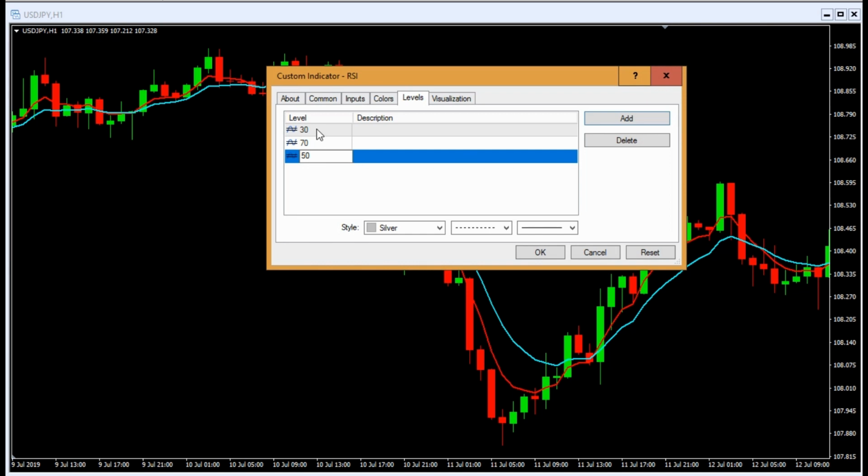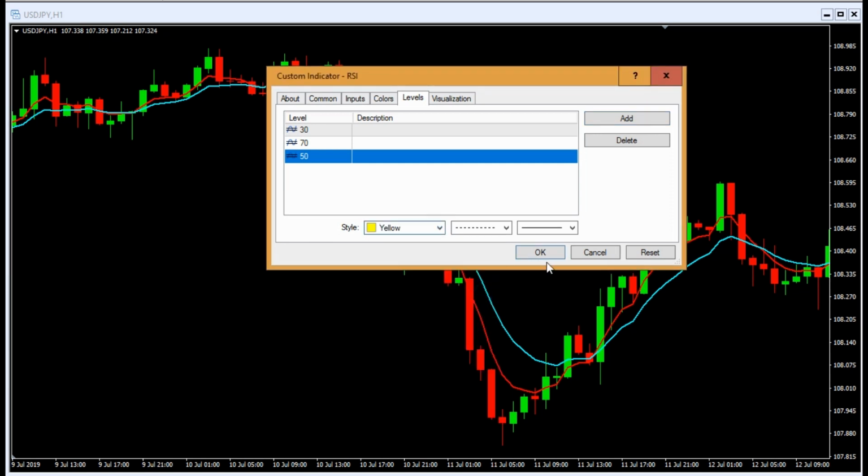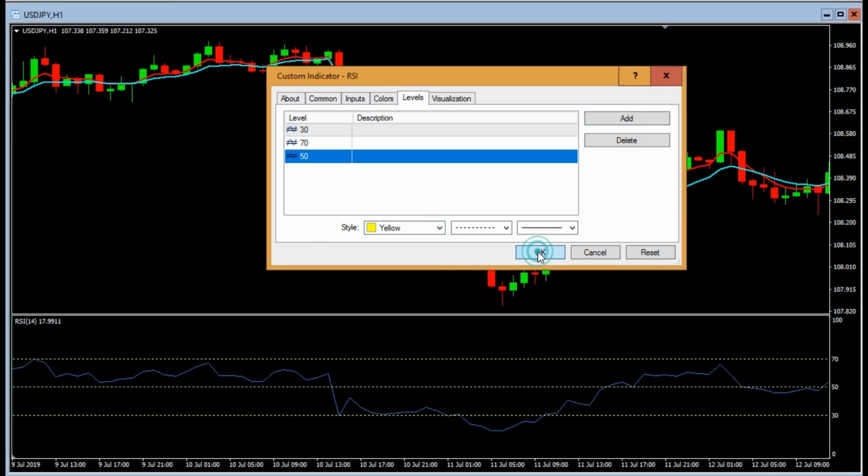When the RSI is below level 30, the market is supposed to be oversold, and when the RSI is above the 70 level, the market is supposed to be overbought. But we are going to use level 50 for our entries. So change the color to yellow and click OK.